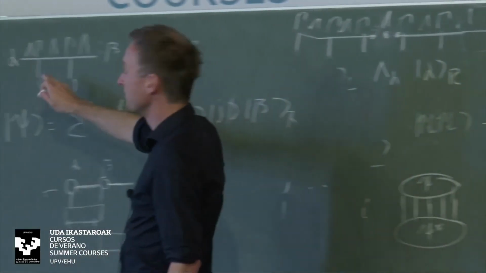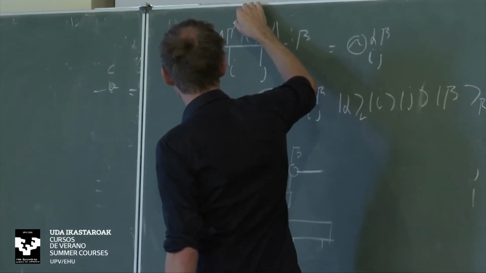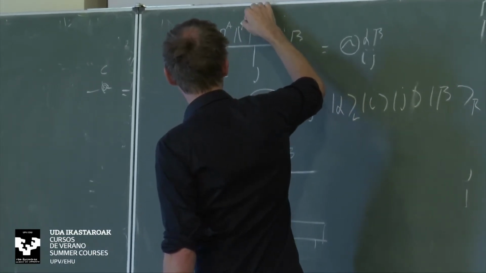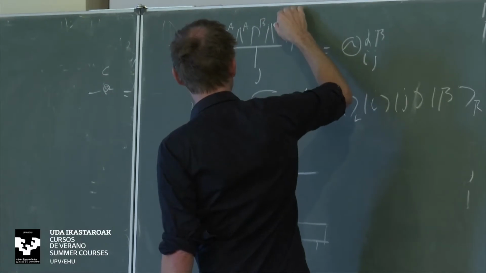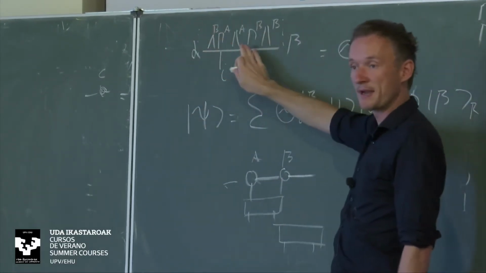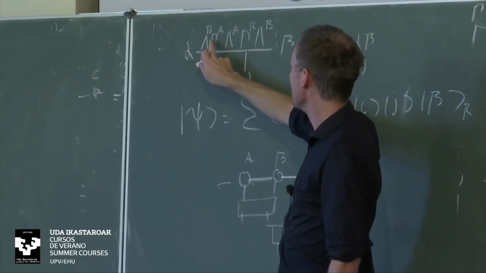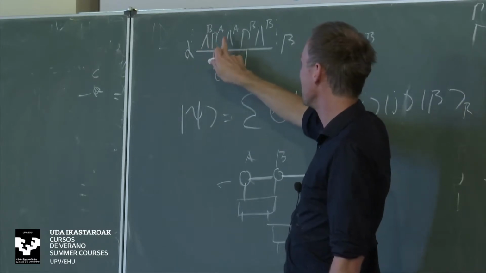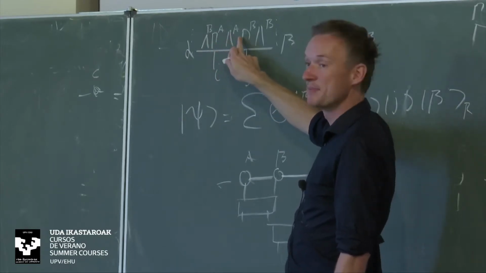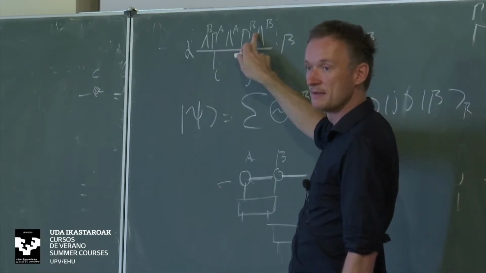So if I just take this form here, at the first update, you just have here, say, A, B, B, and this is like a B, right? You just contract these, get now the new gamma A, new lambda A, new gamma B, and the lambda B have not changed, right?